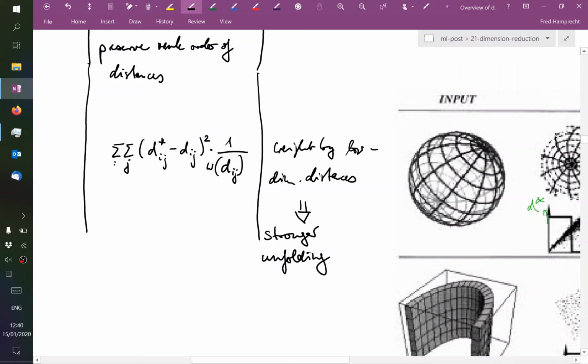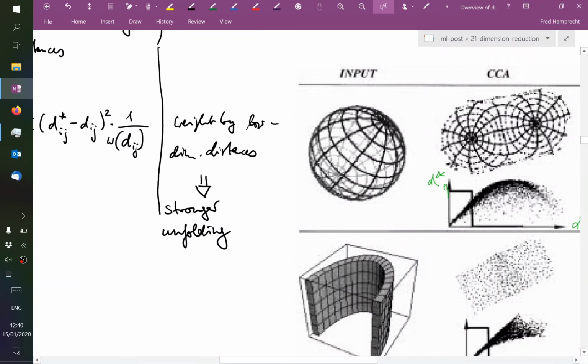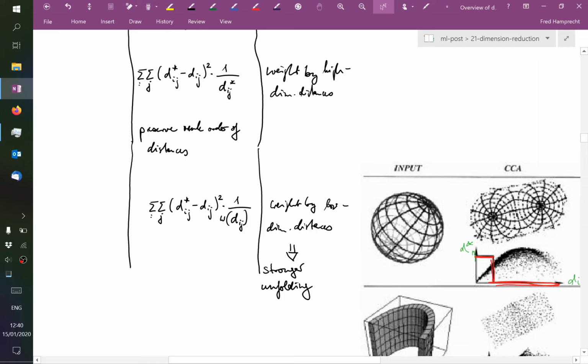So you've seen in this formula I've added w. And the weight function that he uses is the one that you see here. The weight function is 1 for close distances, so the short distances you really try and preserve, and it's 0 for the bigger distances. Then we don't divide by it, but we multiply by it. So excuse me, I should write times w of dij.